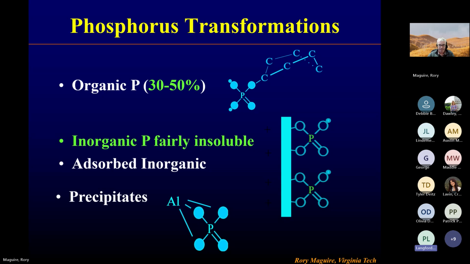But this inorganic phosphorus, the reason why it's insoluble is because it adsorbs onto mineral surfaces like your clays, iron and aluminum oxides, and carbonates, and then precipitates into secondary compounds like this aluminum phosphide that you see here, which effectively locks the phosphorus away, making it insoluble. And so over the next few slides, we're going to break that down a bit.